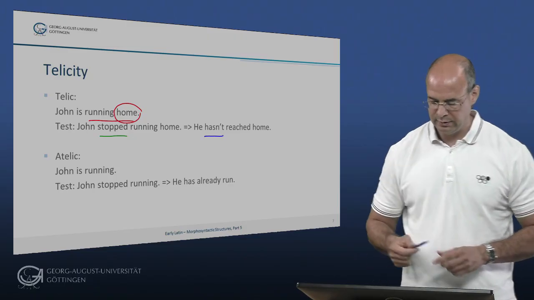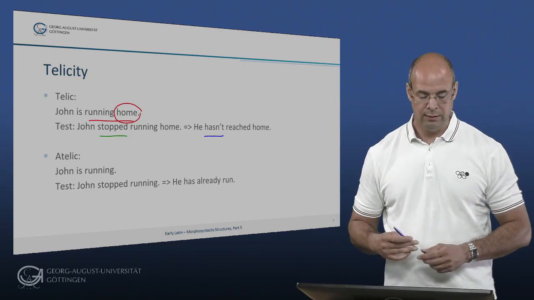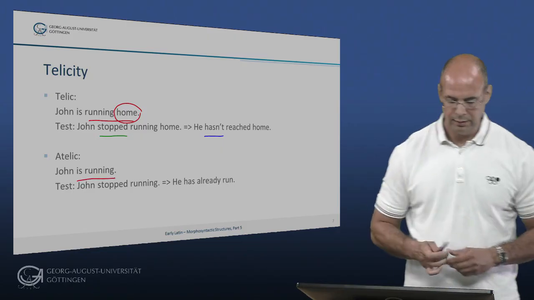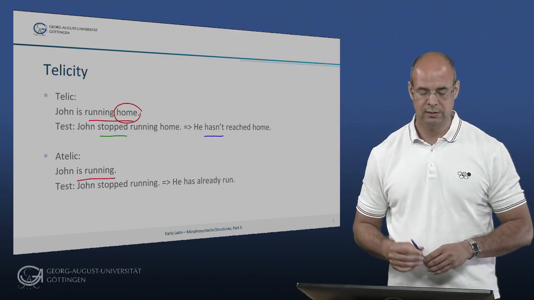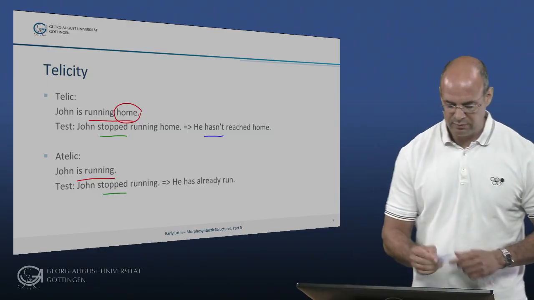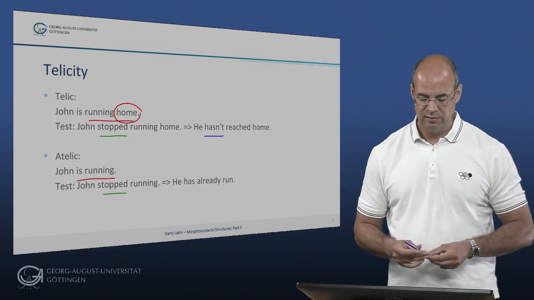Now, if we take atelic running, John is running, atelic, no endpoint specified, and I interrupt him, we can say John stopped running, and the logical conclusion is he has already run.